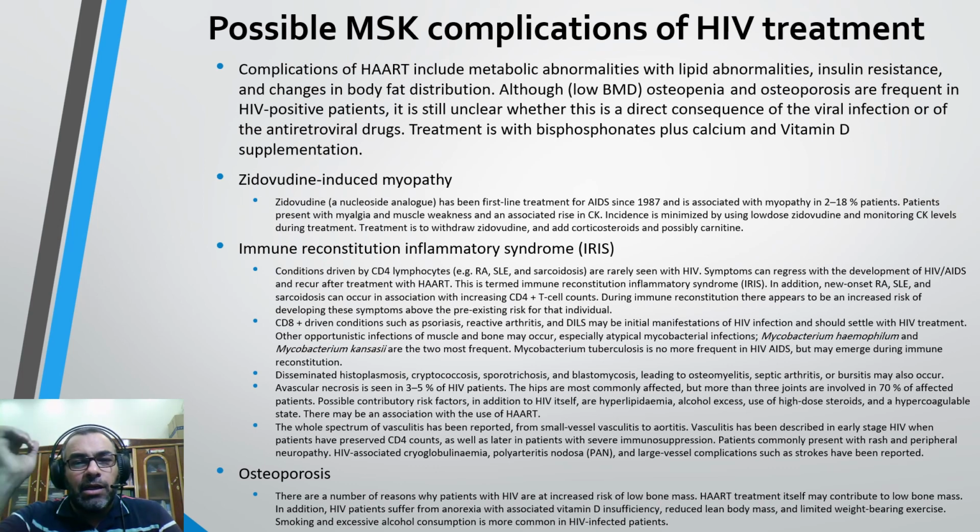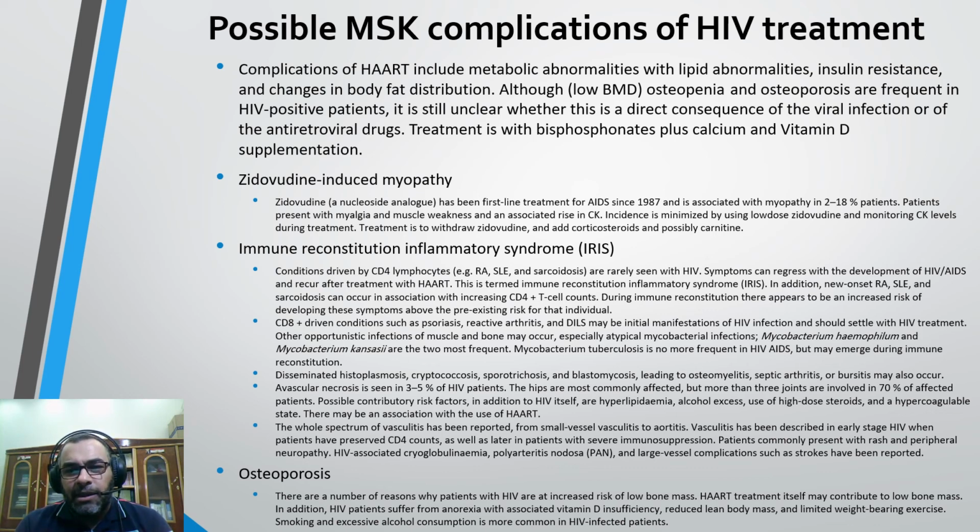We talked about the musculoskeletal complications of HIV infection. What about the possible musculoskeletal complications of HIV treatment itself? Complications of HAART regimens include metabolic abnormalities with lipid abnormalities, insulin resistance, and changes in body fat distribution.